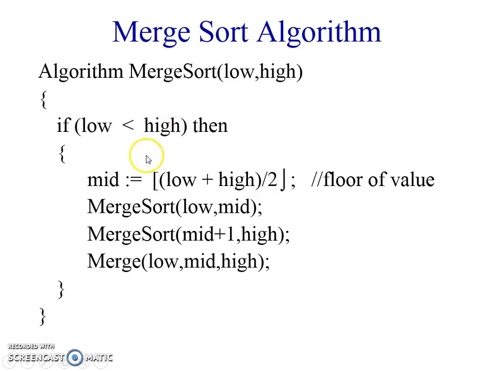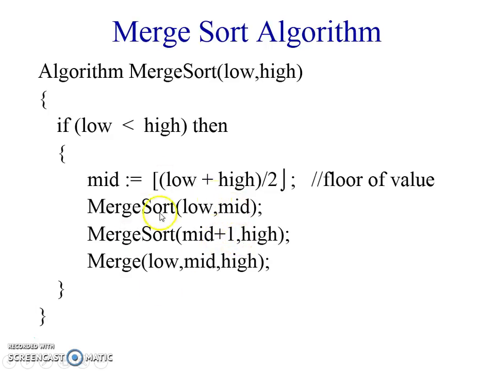You have seen the general control abstraction. I try to call D and C using subproblems, right? So now I am calling the same merge sort again using, look at the parameters now. It is low comma mid, because now I have divided my list into two parts. So it is going to be called using low, mid and mid plus 1 comma high.